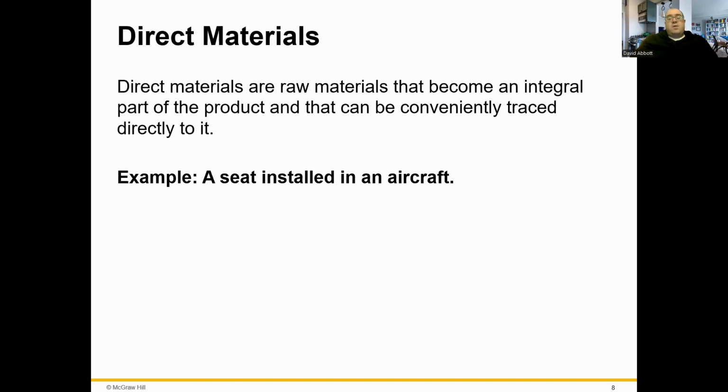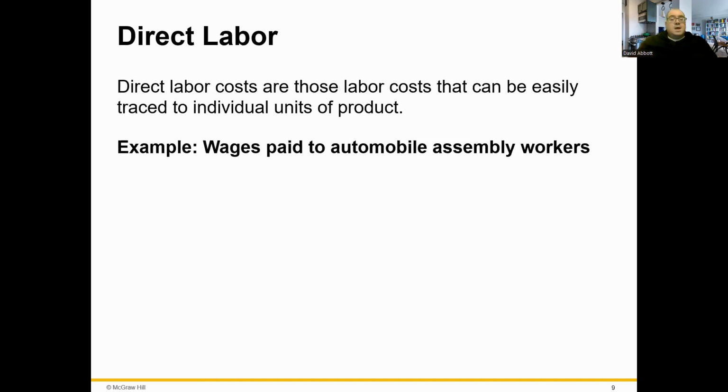So again, direct materials, those are the raw materials that go in it. An example might be a seat that's being installed in an airplane, or like I said, the can or what have you. Direct labor would be, again, the direct labor costs for those parts being put together, actually putting those things together.